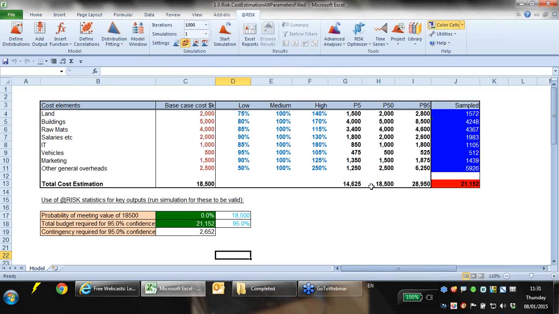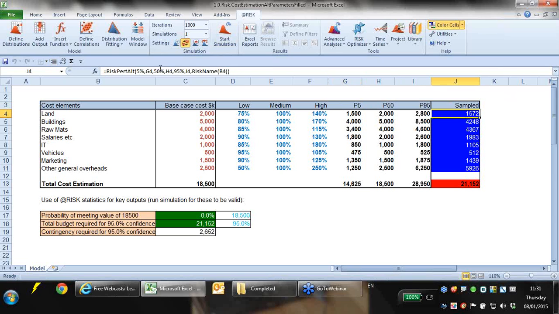Okay, this is an example of an earlier incarnation of that cost model. In the cost model that I showed before, we were looking at the minimum, the maximum, and the most likely. But sometimes companies like to look at the percentiles instead. Oil and gas do this quite extensively, where rather than the min, max, and most likely, we look at maybe the P5, the P50, and P95.